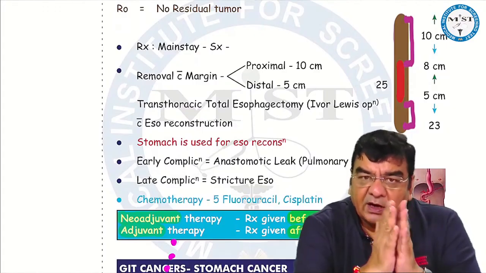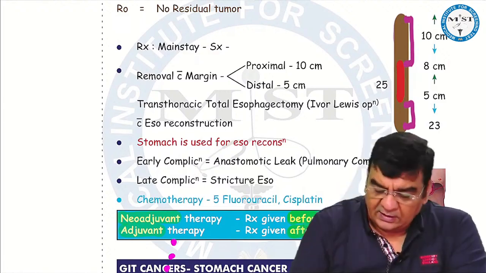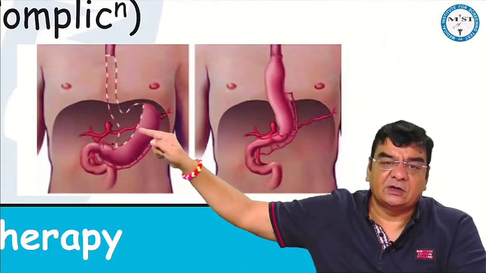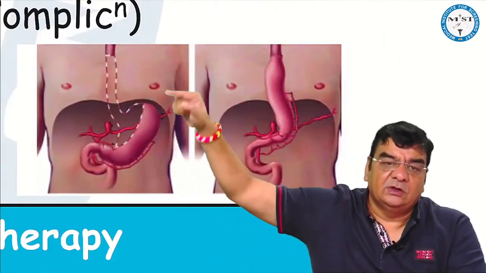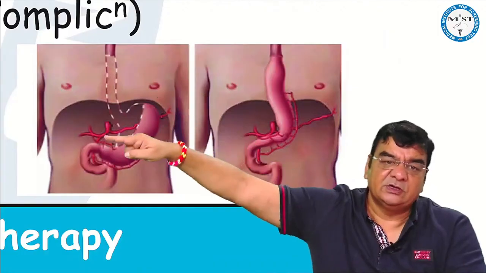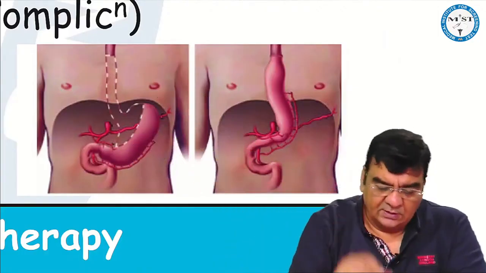Generally, we are doing an Ivor-Lewis operation where we do a transthoracic esophagectomy, and then esophageal reconstruction is generally done by mobilizing the stomach. So the blood supply of this stomach reconstruction is derived from the right gastroepiploic and the right gastric arteries.